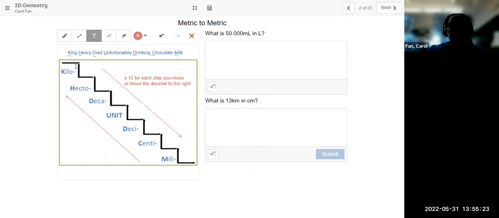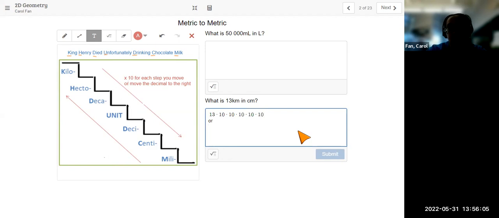So for example, if I'm starting out at kilometers and I'm going to centimeters, I need to count the number of steps it takes me to go from kilometer to centimeter. So I take 1, 2, 3, 4, 5. 5 steps. So I'm going to take 13 and multiply by 10, 5 times. But doing that is a bit cumbersome.